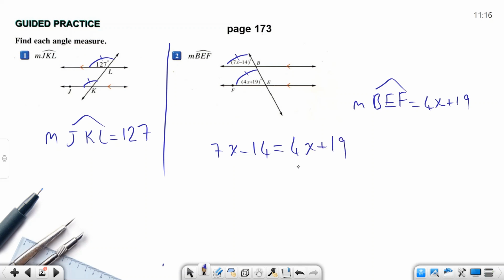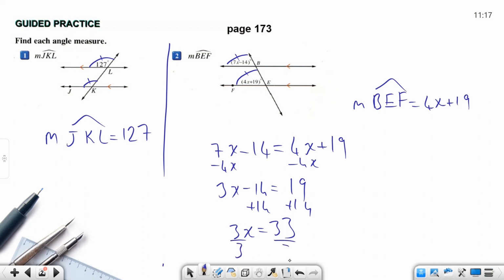So 7x minus 14 equals 4x plus 19. Let's subtract the 4x first, so 3x minus 14 equals 19. Now plus 14 on both sides, so 3x equals 33.